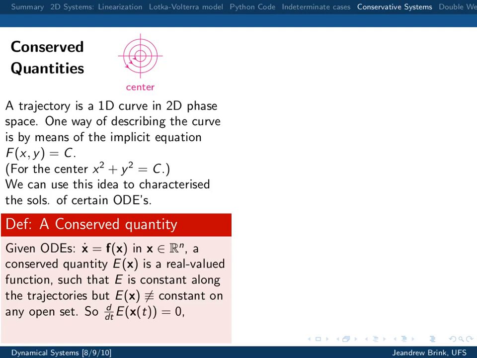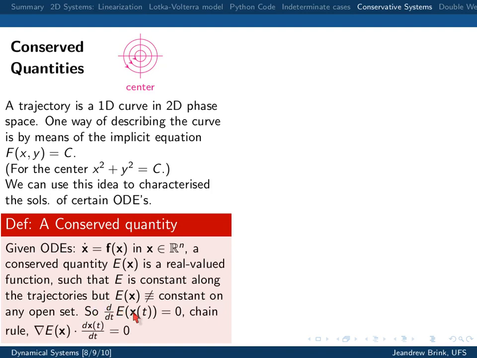And the idea that it is constant along the trajectory, we write this way. It's basically d/dt of E along x, where x is a parameterized vector of t that obeys this equation. So you basically have that d/dt E of x equals 0 along the trajectories.